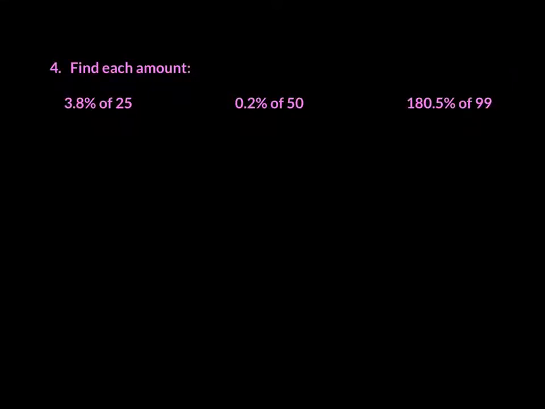Next, we're going to find each amount: 3.8% of 25, 0.2% of 50, and 180.5% of 99. Well, in this case, I prefer to go right back to my percentage proportion, which remember we always have our is, or the part, over the of, which is the whole thing, and that's equal to the percent over 100.